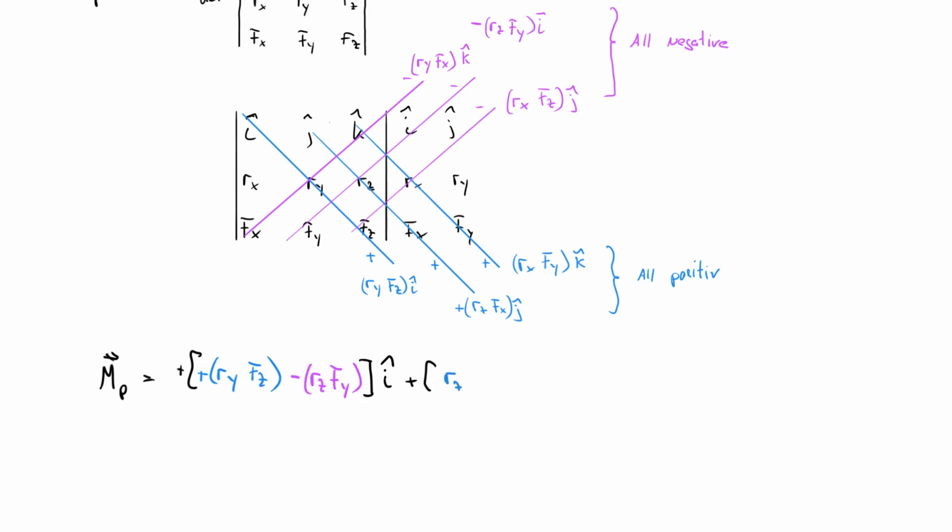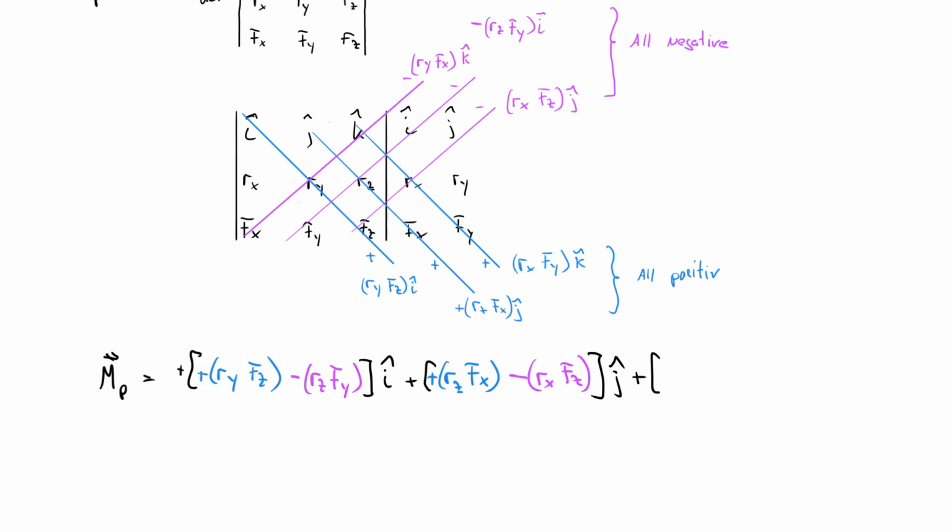So rzfx, and this is also positive, and minus, be careful now, the j component is rxfz, and this is all the j components.